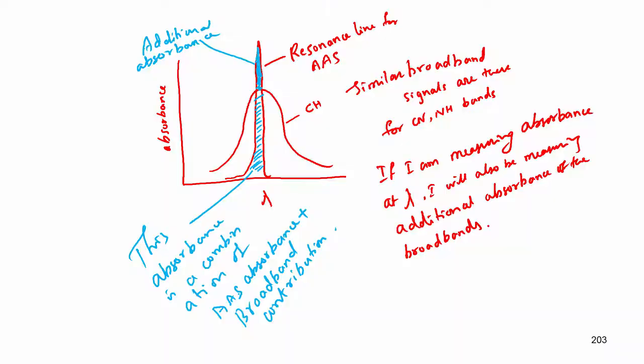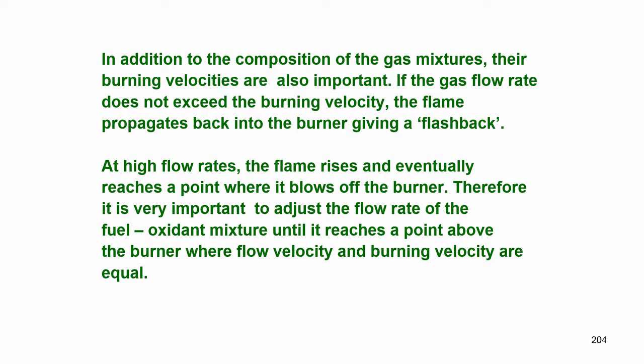Okay. So, in addition to the composition of the gas mixtures, their burning velocities are also important. If the gas flow rate does not exceed the burning velocity, the flame propagates back into the burner, giving a flashback. So, what is a flashback?